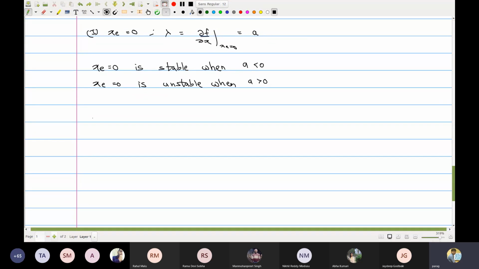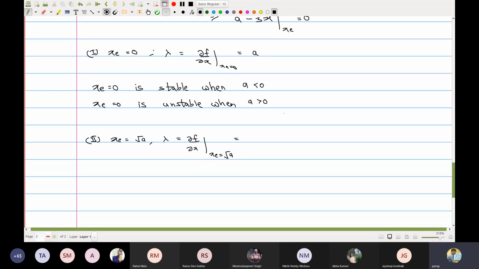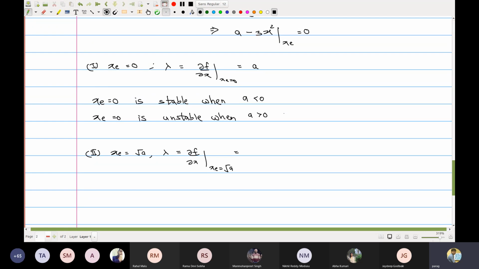The second equilibrium solution is xe equal to root a. So lambda would be del f by del x at xe equal to root a, and this will be equal to a minus 3a, which is minus 2a.